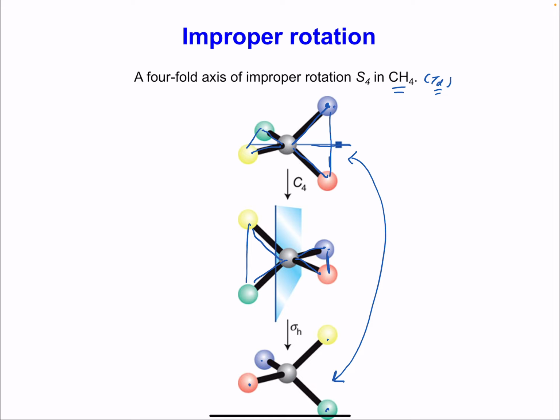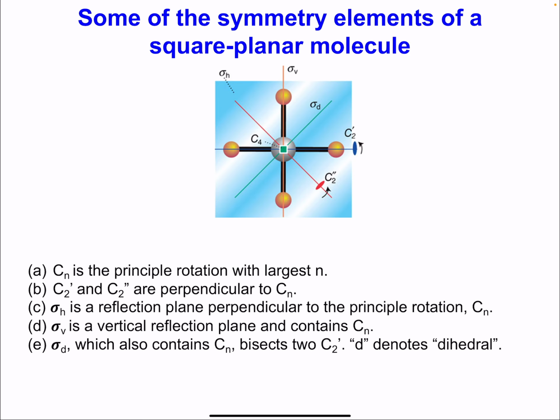So you will see these 2 have the same spatial arrangement for this molecule. So that's called improper rotation. Improper rotation consists of 2 operations: one is Cn, plus sigma. You have rotation first, and then you do a reflection. So that's called Sn, the Sn operation, improper rotation.